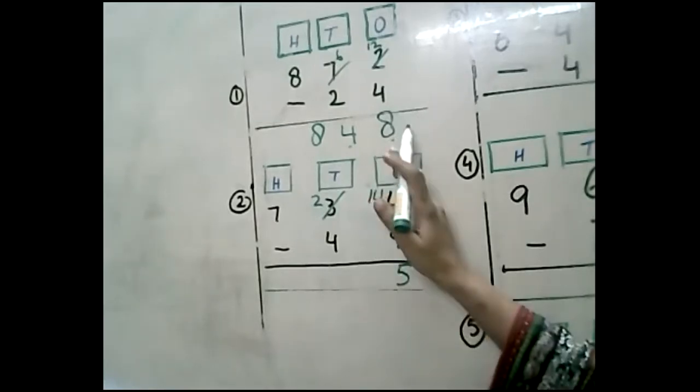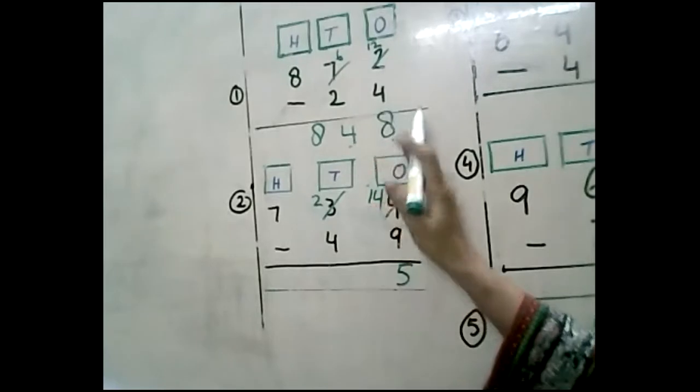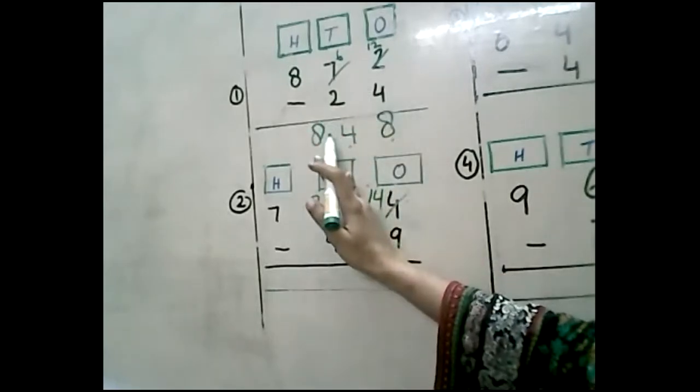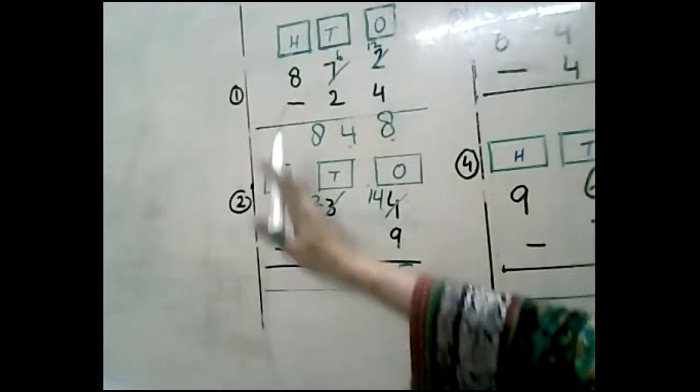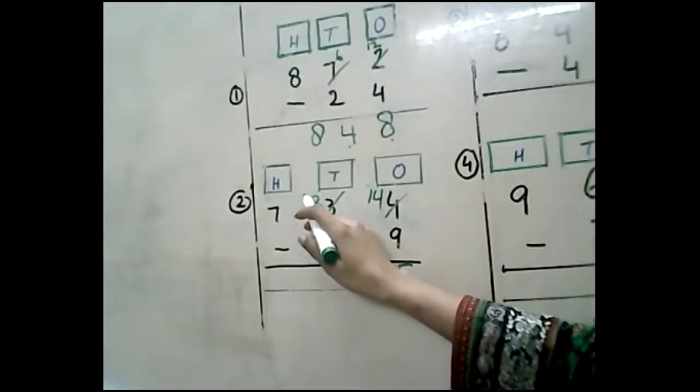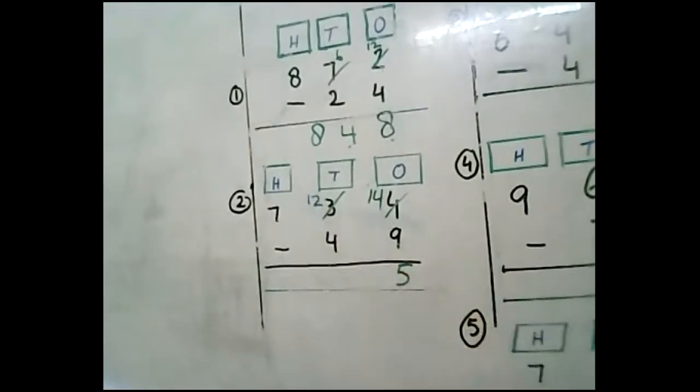Now, can we subtract 4 from 2? No. What we will do? We will go to next door. अगर ones पे रीग्रुपिंग करनी है तो नेक्स्ट डोर कौन सा होगा? 10. अगर 10 पे रीग्रुपिंग करनी है, अगर 100 है 3 डिजिट है तो नेक्स्ट डोर कौन सा होगा? 100. हम 100 से लेंगे. हमने 100 से 1 लिया. This is 12.